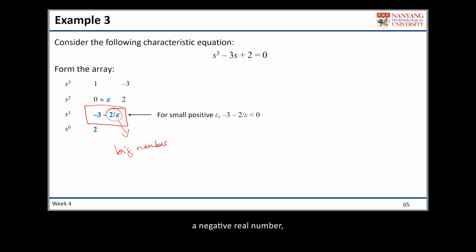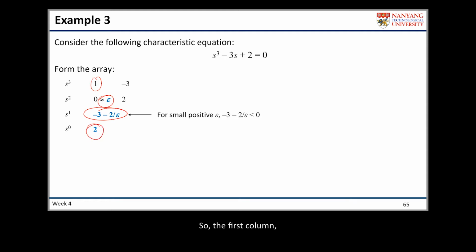So literally, this will be a negative real number, a negative big number. So what will happen? If you look at the first column now, you have positive, positive, positive small number, negative big number, and positive number.